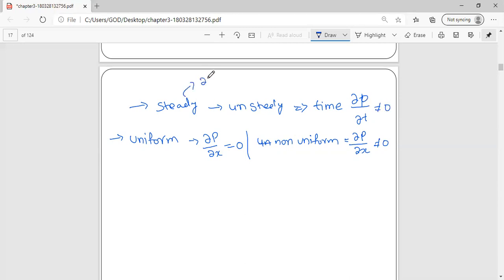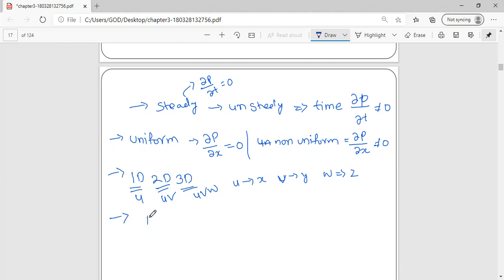In the steady, it is equal to zero. Next, one-dimensional flow, two-dimensional flow, three-dimensional flow. It's very clear. If your fluid model is varying with reference to 1, 2, or 3 velocities, U, V, W, either UV, any two: U indicates the velocity profile along X, V indicates the velocity profile along Y, and W indicates the velocity profile along Z.